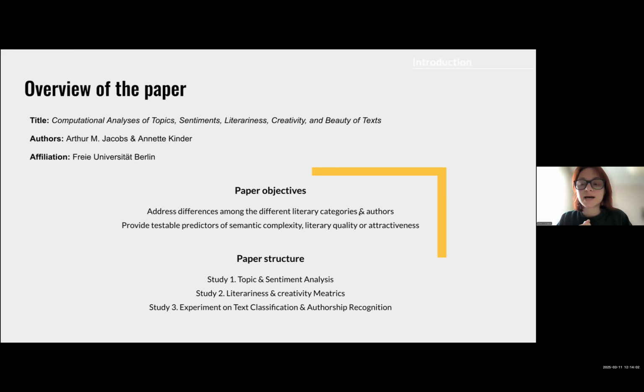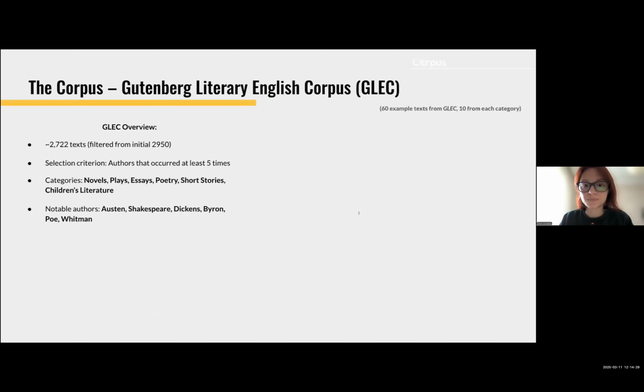Here they analyze the English literary corpus of Gutenberg using computational methods. They divide their paper into 3 parts. The first examines topics and sentiments in text categories of the corpus. The second measures literariness, creativity, and the text beauty. And the third is an experimental application of those metrics as input features for text classification and authorship attribution.